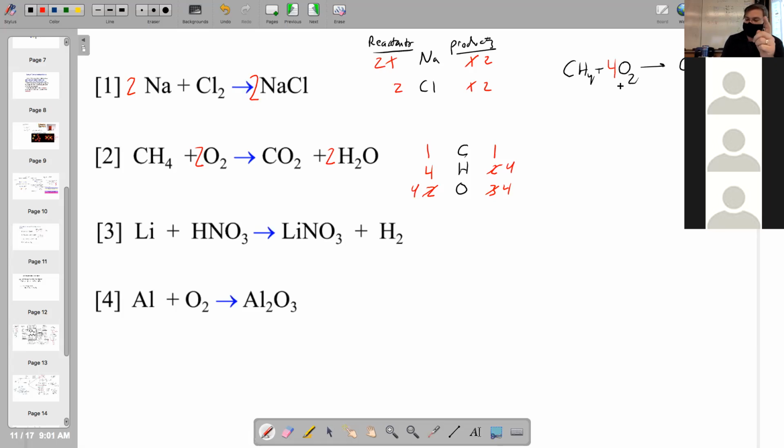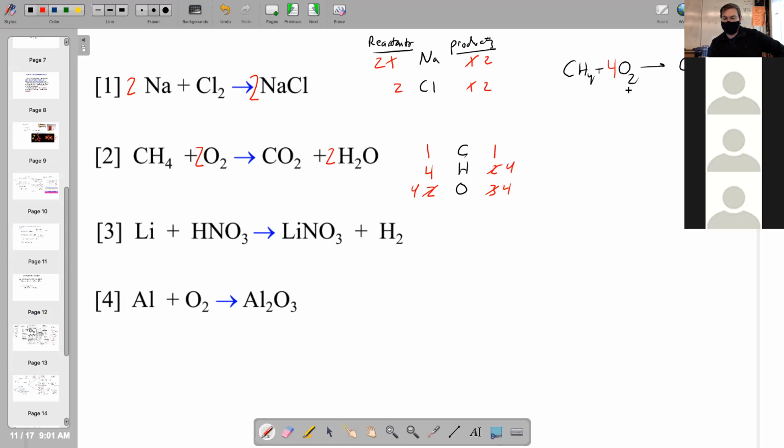But I will tell you that once you get to this last atom, you've got to go back through and double check everything, because when you put a number in front of a compound, it can affect more than one element in the compound. So even though you think it might be done, I'll go back and check: 1 carbon on the left, 1 carbon on the right. There's 4 hydrogens here and 4 hydrogens here.